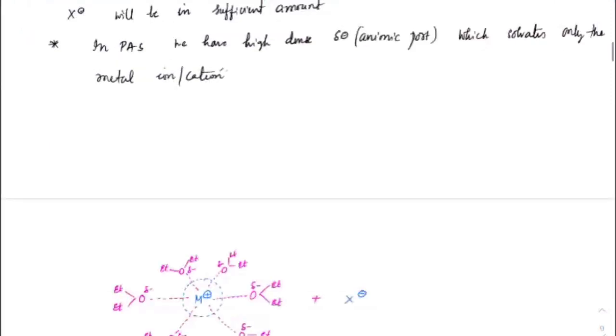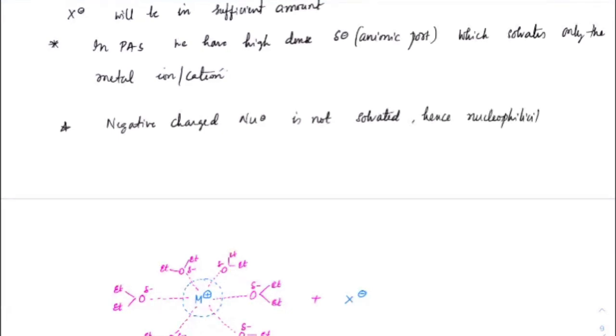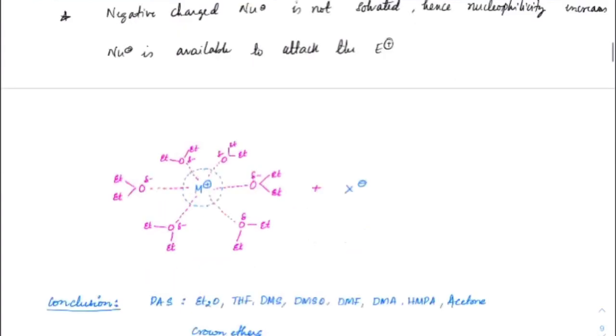So it is the cation which gets solvated, which also implies that the negative charge nucleophile is not solvated, hence nucleophilicity increases, or the nucleophile is available to attack the electrophile. That is what you would see here.